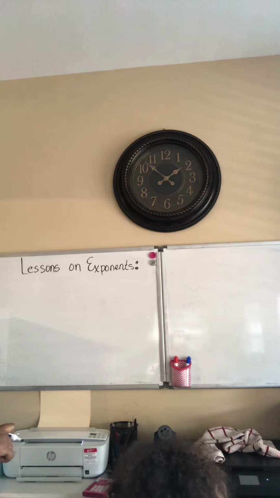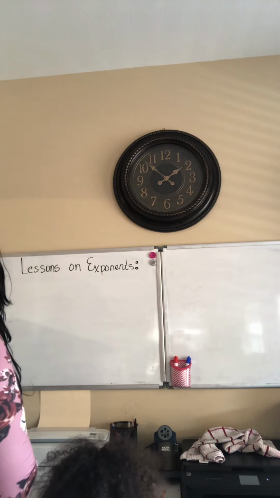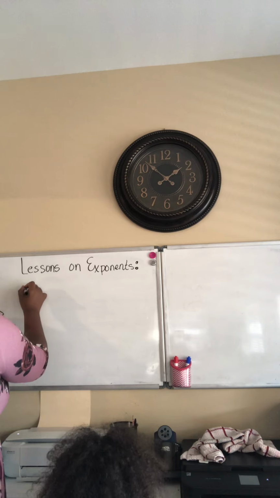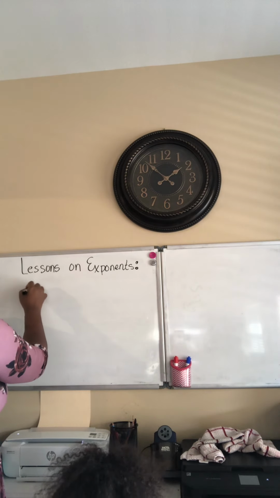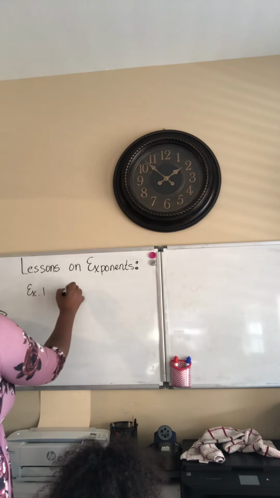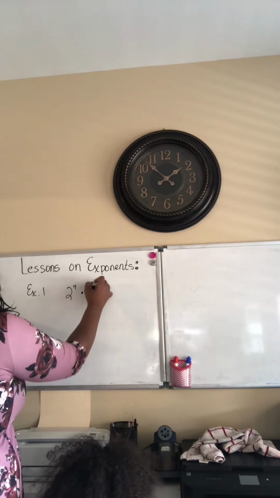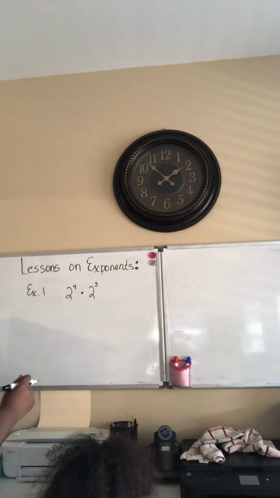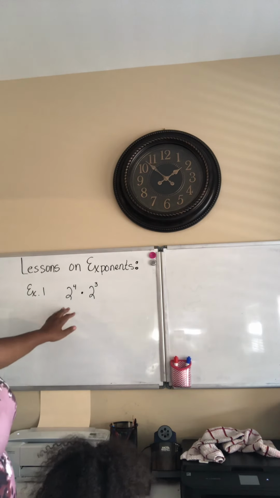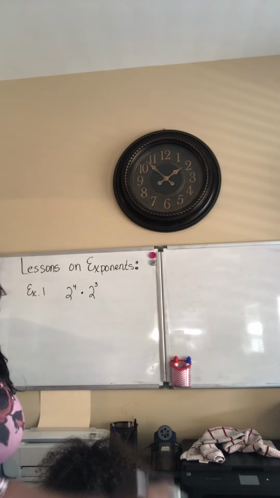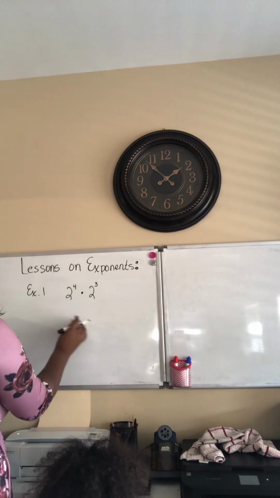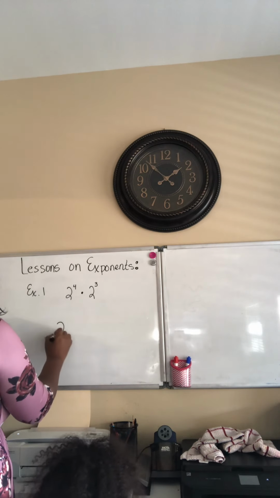Okay, so let's say you have this as a problem. Let's say you have 2 to the 4th power times 2 to the 3rd power. All right, so the first thing we have to look at is the components of the exponent. So I did forget to go over this at first, so let's talk about this real quick.